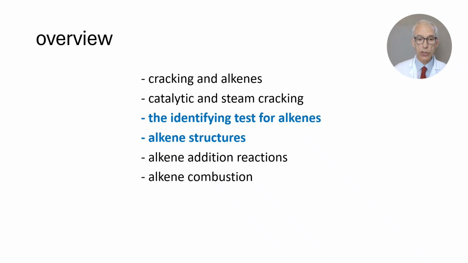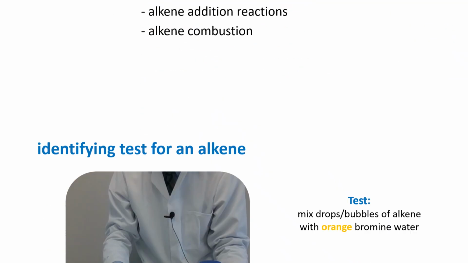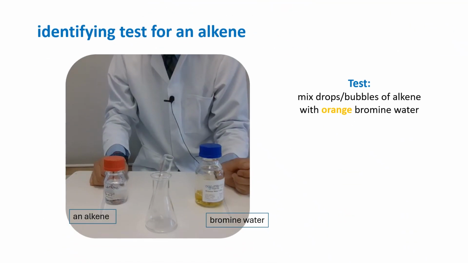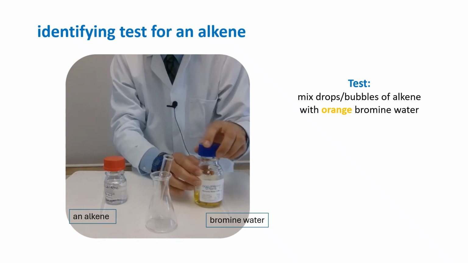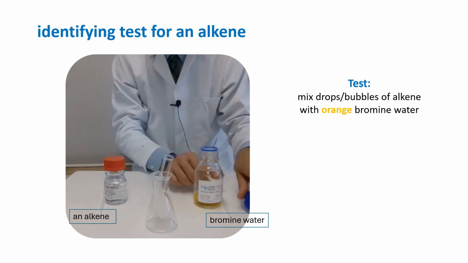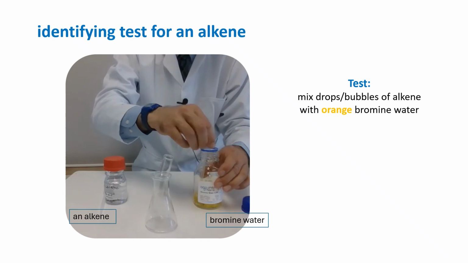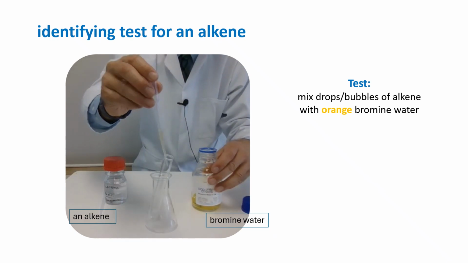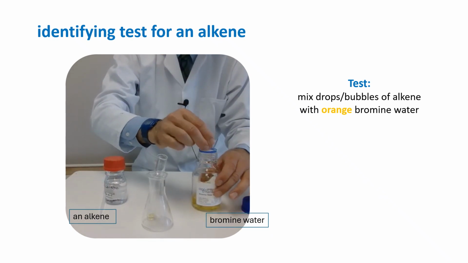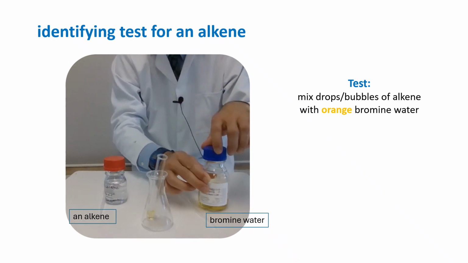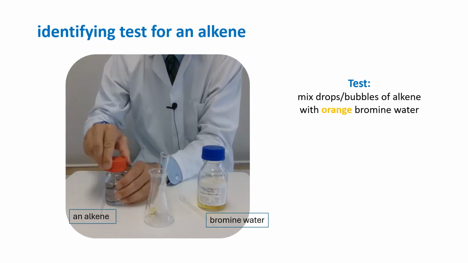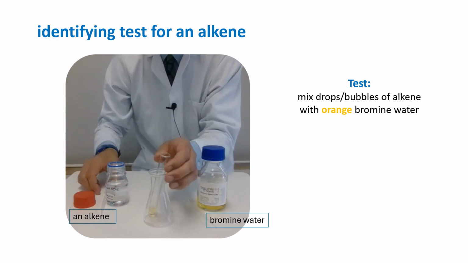So we'll move on to the identifying test for alkenes and alkene structures. The test for an alkene: take some bromine water, place that into a test tube, add drops of the alkene to it.